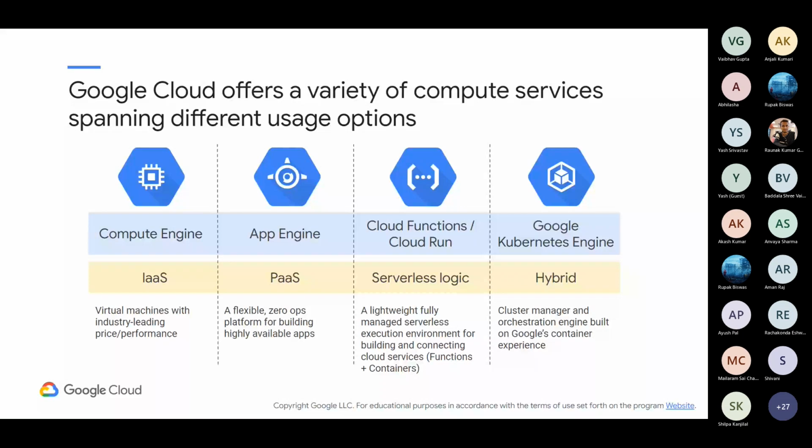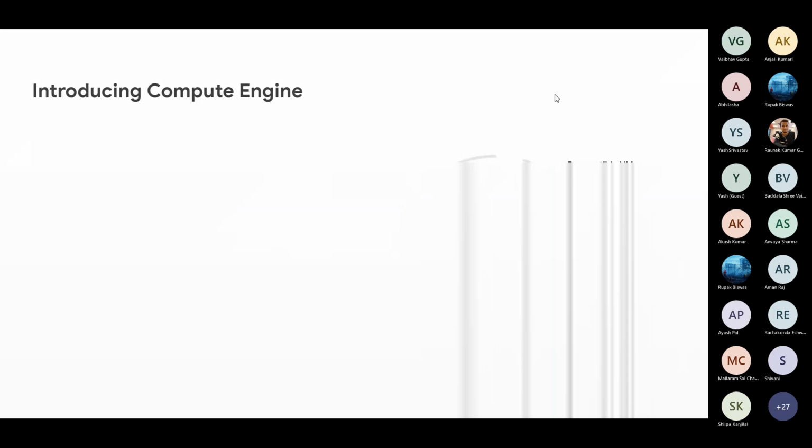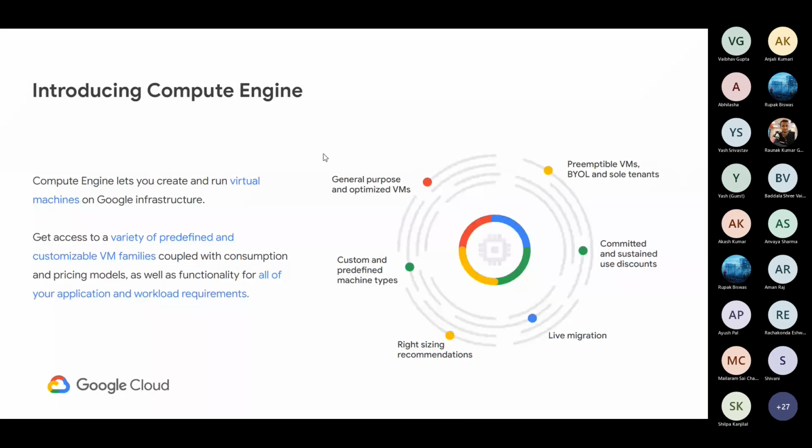But in this case, you are creating your virtual machine on Google's infrastructure, and this is similar to buying a computer. There are custom and predefined machine types, like they will give you options for which kind of machine you want to use for your solution, like EC2 large, EC2 medium, or any kind of machine. There is a variety of ranges.